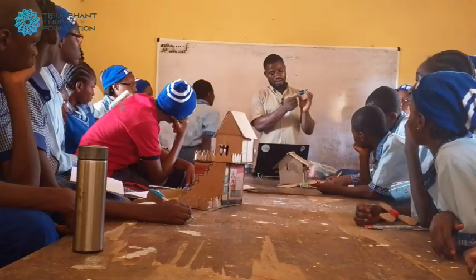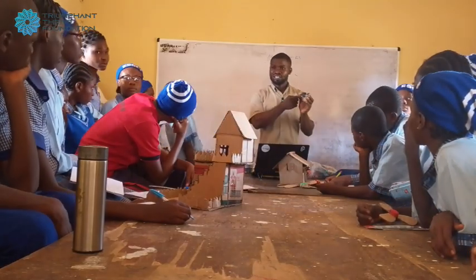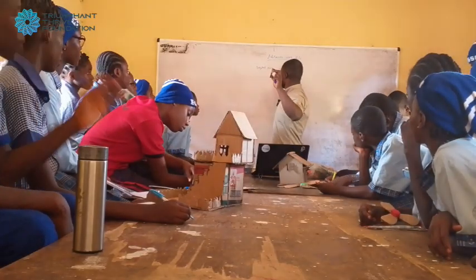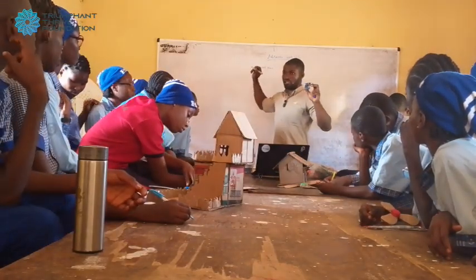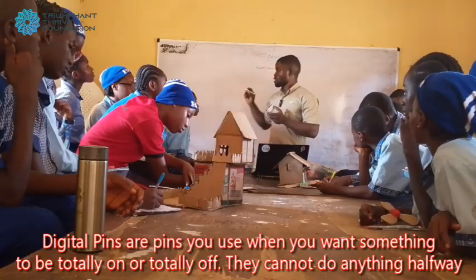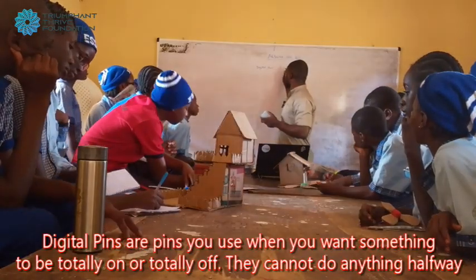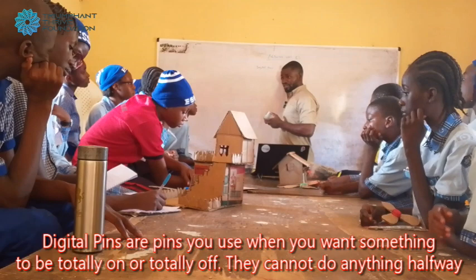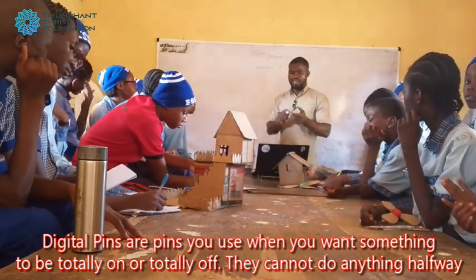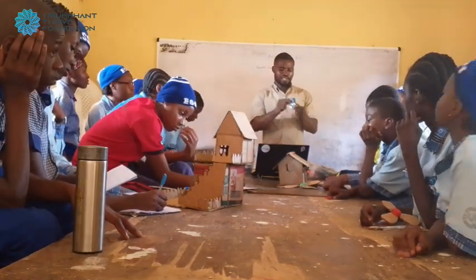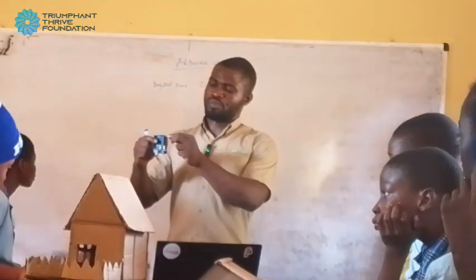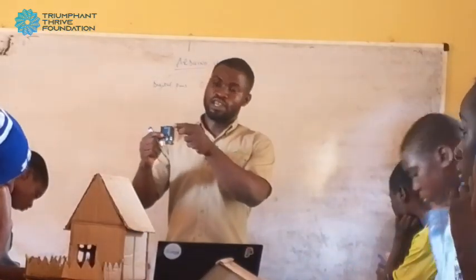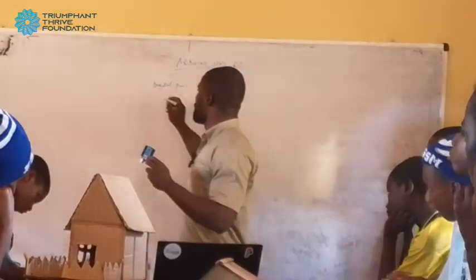This part here is called the digital pins. Digital means 0 and 1 digits. You have digital pins, zeros and 1, all numbers. Then this shorter part here, these short ones, are called analog pins.